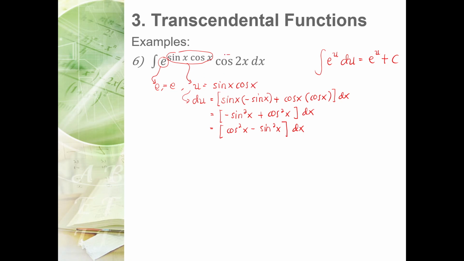The remaining term is cosine 2x dx. Looking at our derivative, we have cosine squared x minus sine squared x. How do we go about this? This one is actually equivalent to this given term here, because if you recall your double angle identity, this one is called the double angle identity.